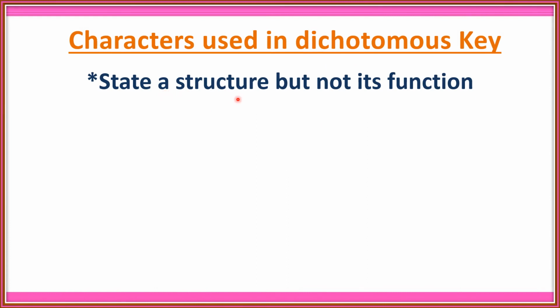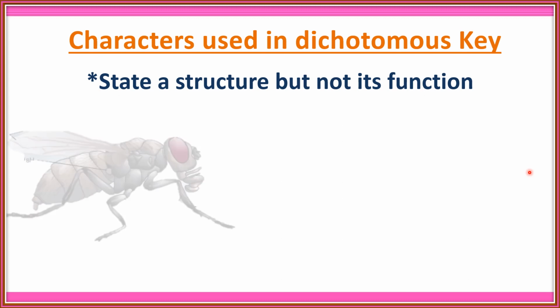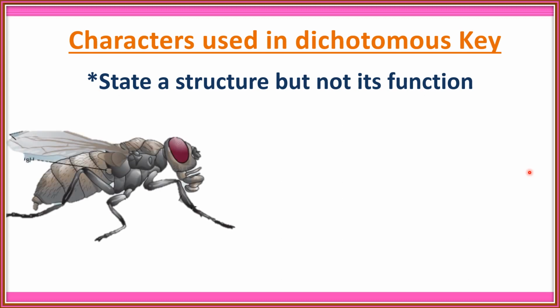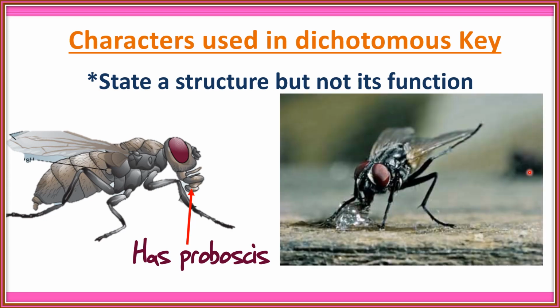State a structure but not its function. We have to use a structure but not its function. For example, if you look at these insects here, it has a proboscis, but we cannot say it has a sucking mouth part.